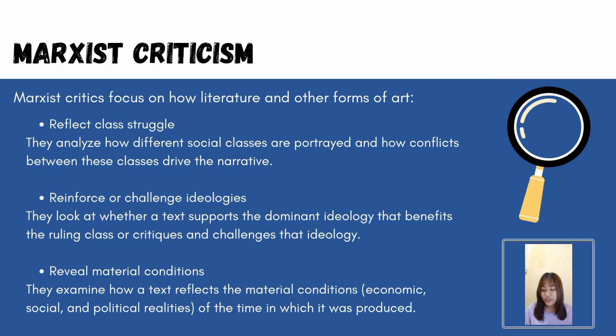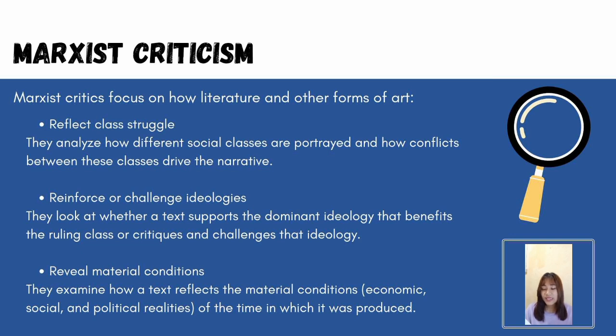So the material conditions, like the state of the economy, the distribution of wealth, and access to resources, are often mirrored in the settings, plots, and character interactions. Texts might expose the disparities between the wealthy and the poor, or depict the effects of economic changes on society.